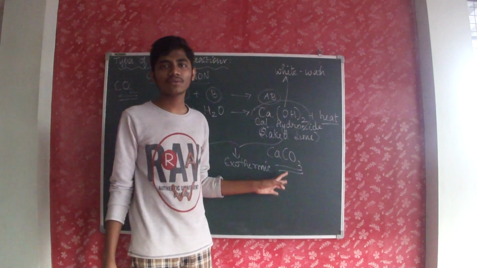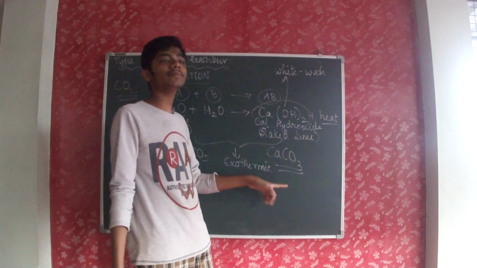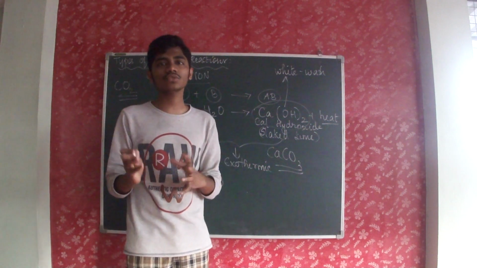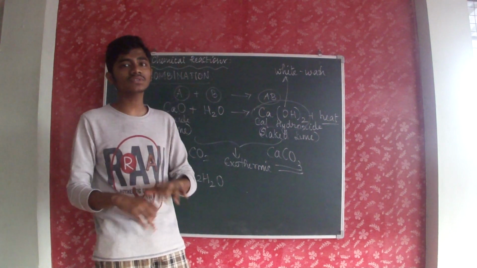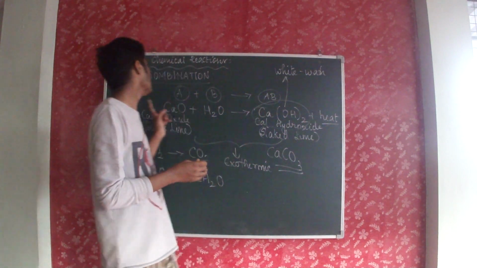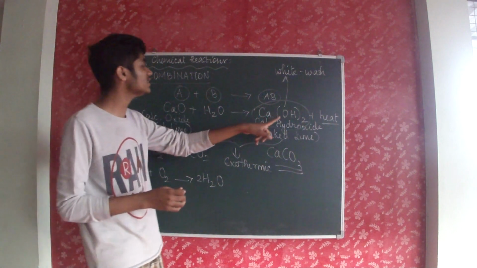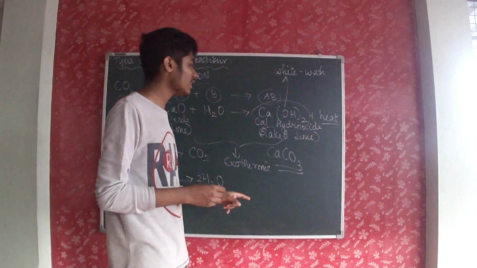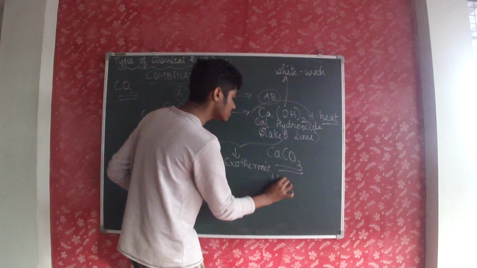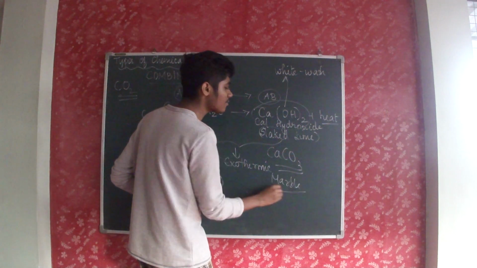Calcium carbonate gives a shiny white finish to the walls, so it looks glamorous. So the reaction between Ca(OH)2 and CO2 gives CaCO3. Marble also has the same chemical formula.